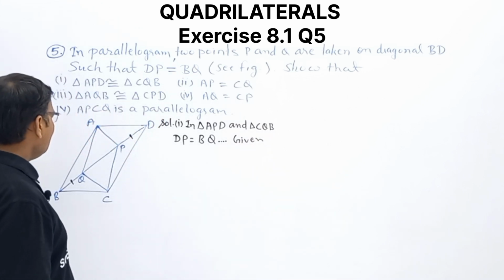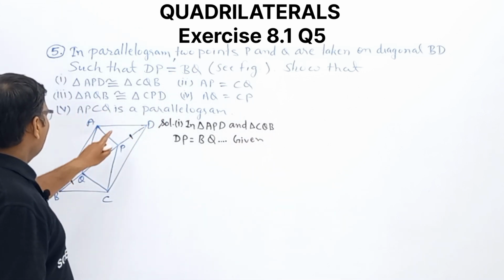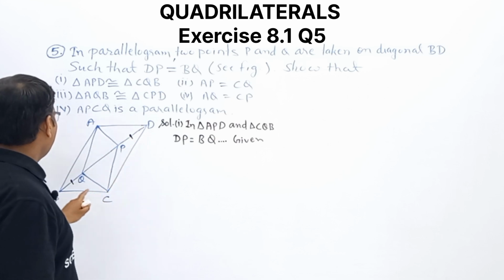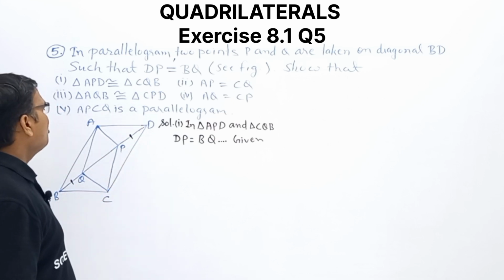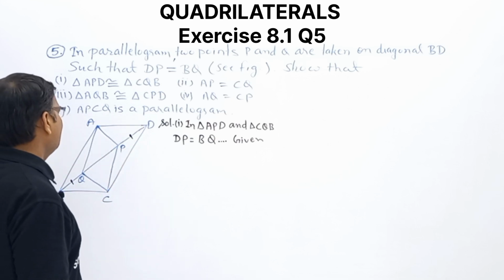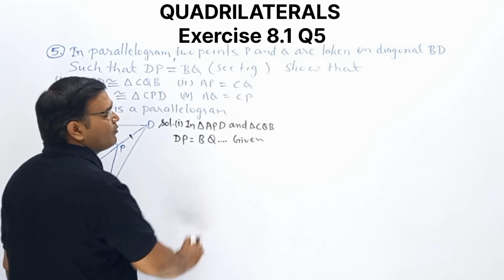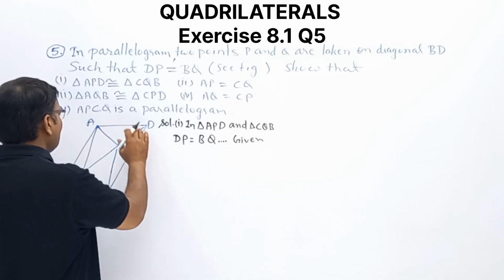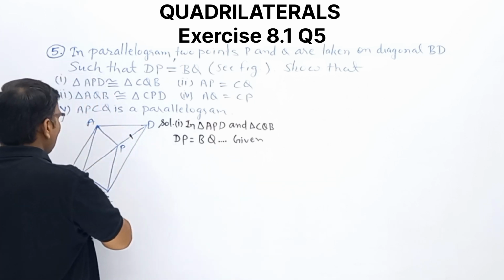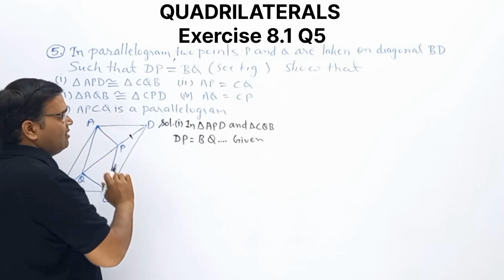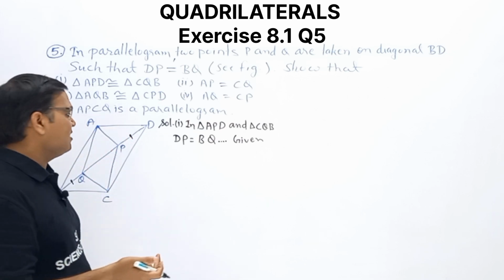Clear? So this thing we are having in the question, given. Now another thing, for this triangle AD and for this triangle BC, both are equal. Clear? Opposite sides of a parallelogram. This is the parallelogram. BC's opposite side is what? AD, and in a parallelogram opposite sides are equal.